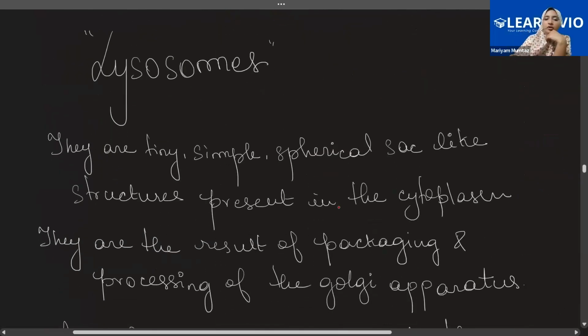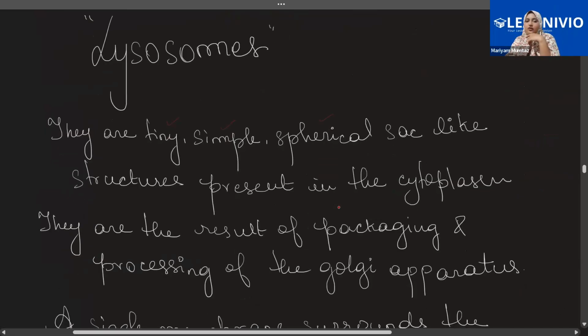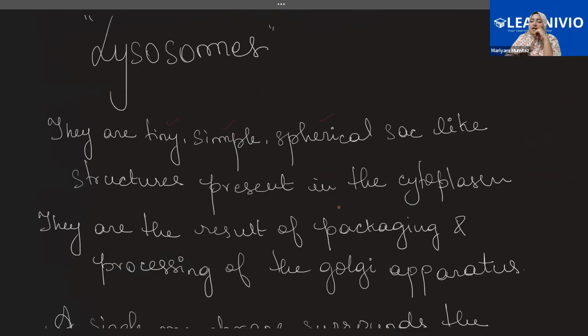Now talking about lysosomes, these are tiny, simple, spherical sac-like structures. These are structures that are formed as a result of ER and Golgi apparatus function. It is present in the cytoplasm.